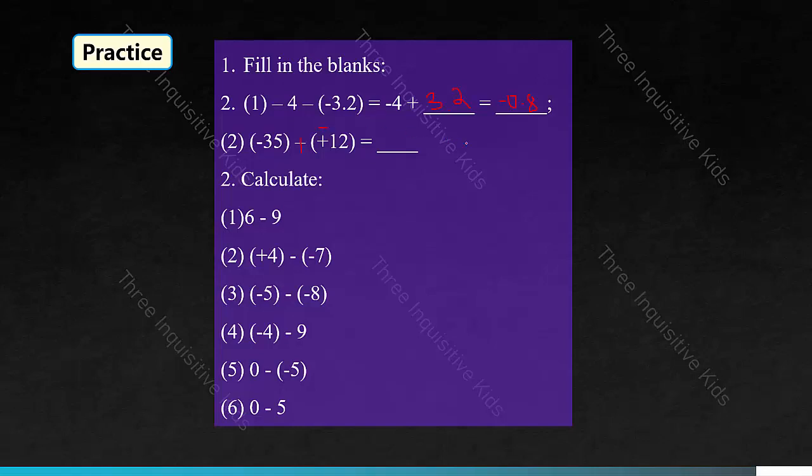So we're going to add the absolute values together. 35 plus 12 gives us 47, and it has to be negative, so it's negative 47. So our answers for this first half of the practice are 3.2 and negative 0.8 and negative 47. So these are the answers.